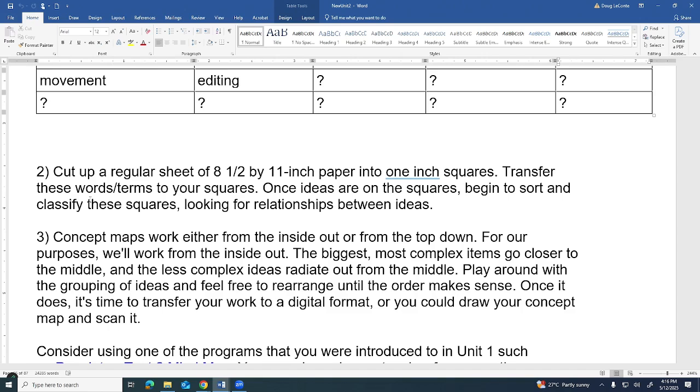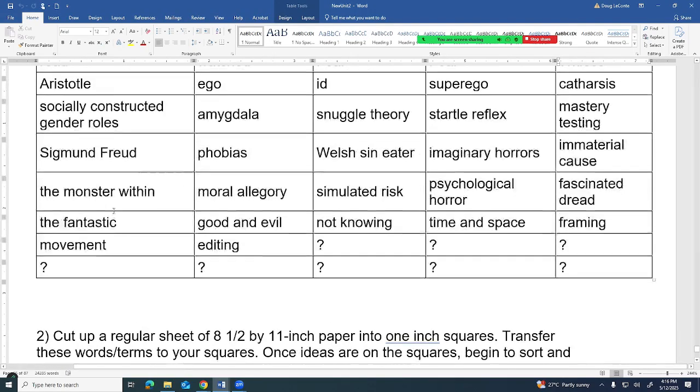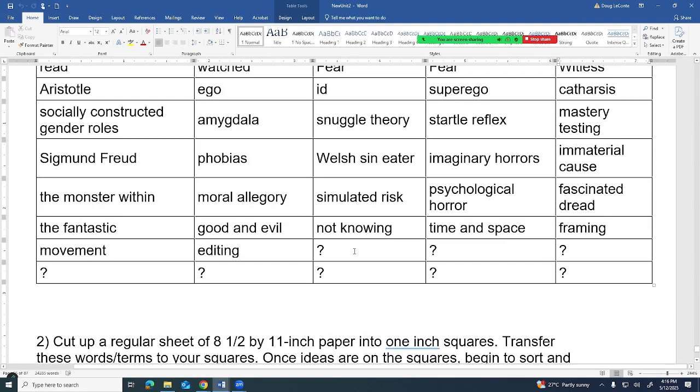Okay, so once you have all your ideas on the squares, begin to sort and classify these squares, looking for relationships between the ideas. All right, so all of the ones with Sigmund Freud, we might put those all around. We'll have Sigmund Freud in the middle, right?